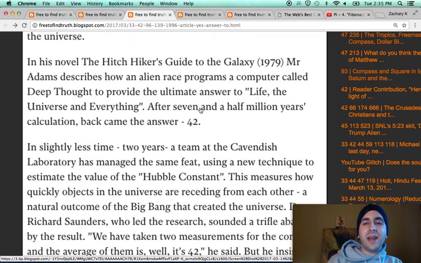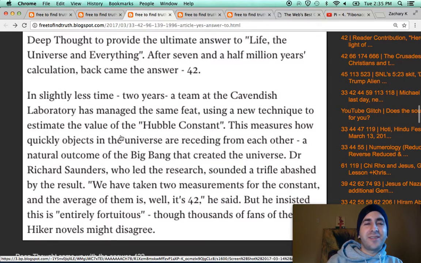After 7.5 million years calculation, back came the answer, 42. Just wait. In slightly less time, 2 years, a team at the Cavendish Laboratory has managed the same feat using a new technique to estimate the value of the Hubble constant. This measures how quickly objects in the universe are receding from each other, a natural outcome of the Big Bang.